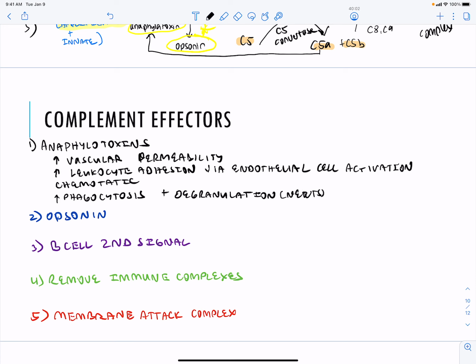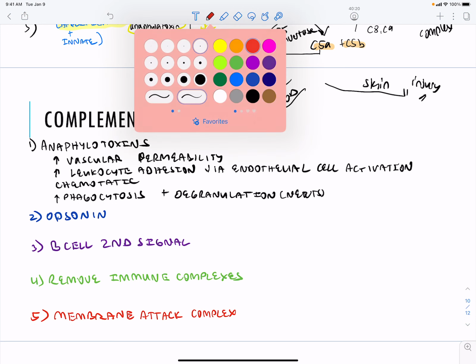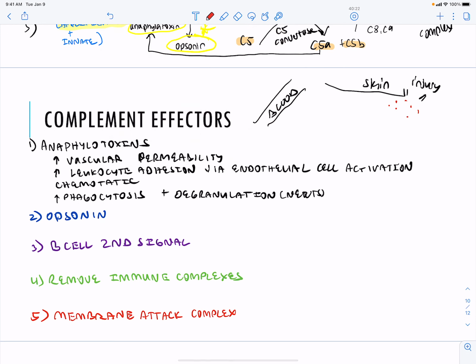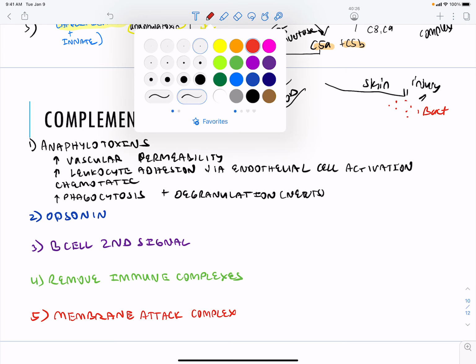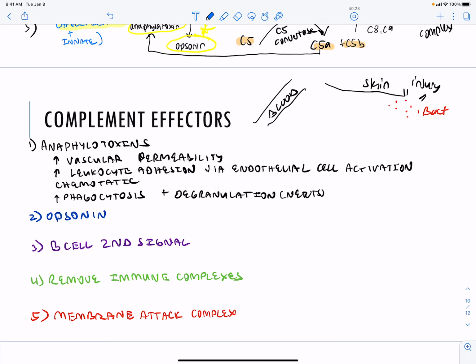So how chemotaxis works, just really quickly, you have your blood, you have your skin, and we'll say we have an injury, and so you have your lovely bacteria. And in here you'll have your complement.